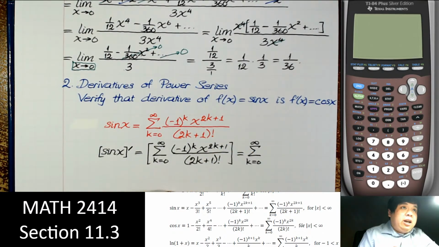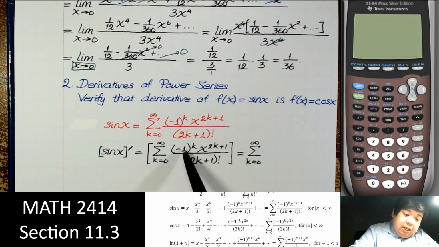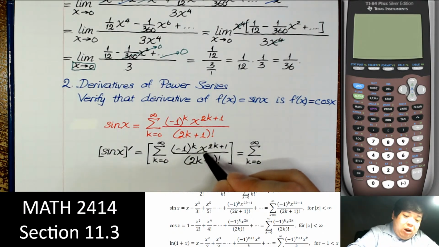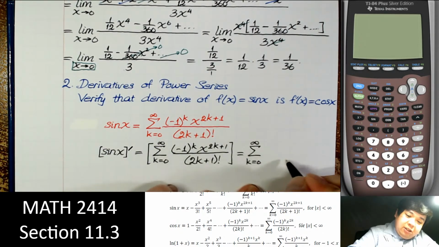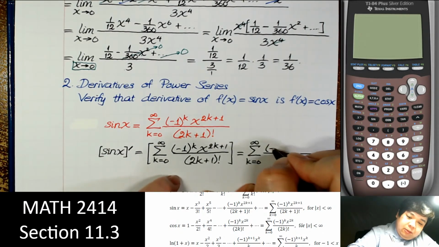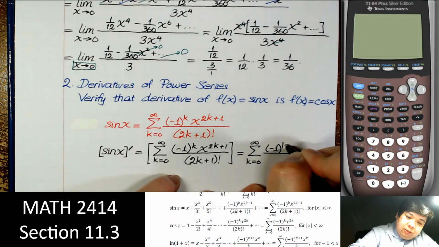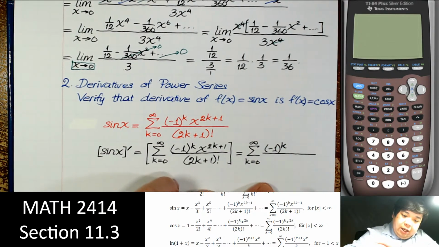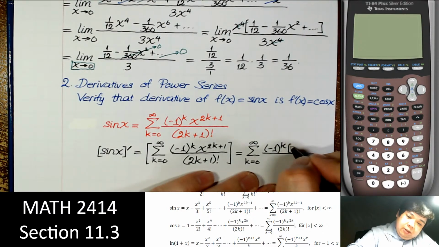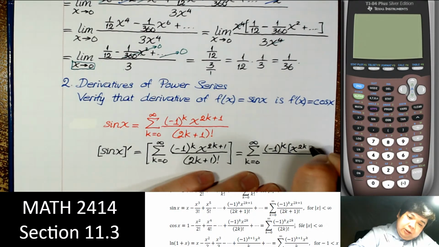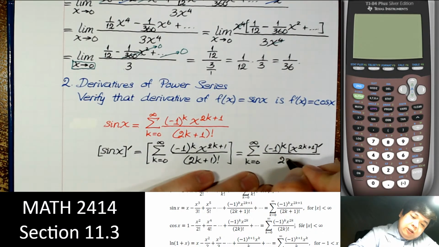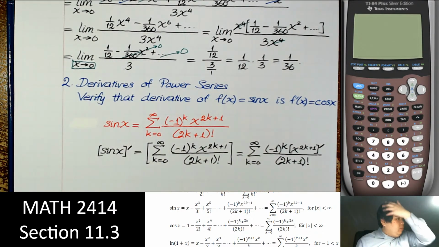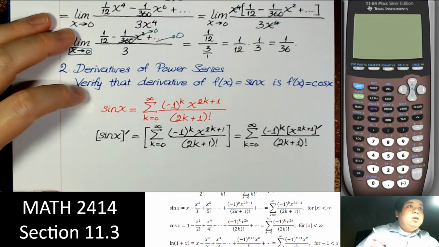This one doesn't have x in it, this one doesn't have x in it, and only this one has x, so we only take the derivative of that term.